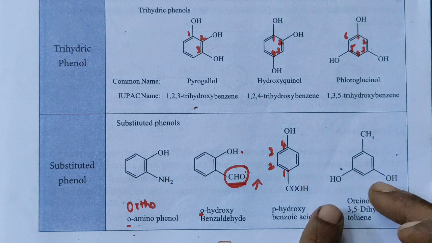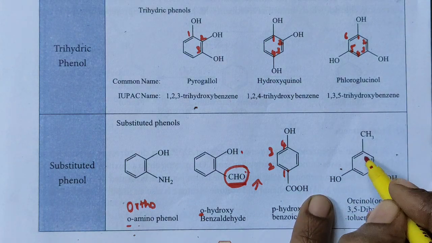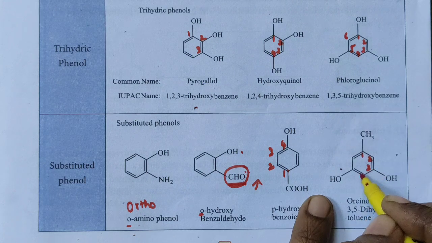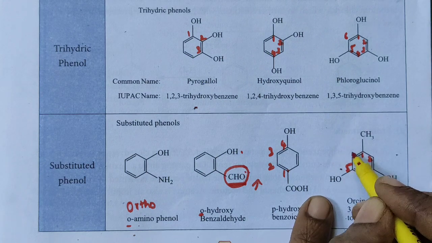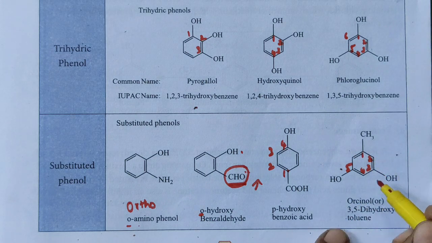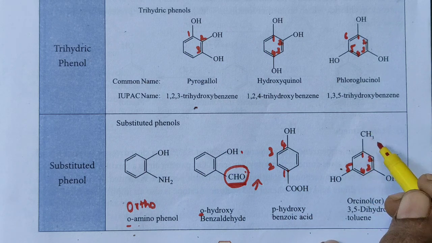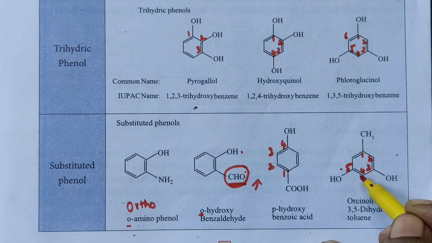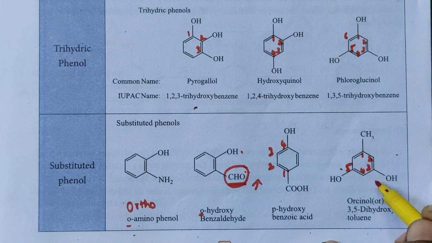So here OH groups are attached at 1, 2, 3, 4, 5, the third and fifth carbon. Therefore toluene, isn't it? With OH groups present at the third and fifth positions, that is 3,5-dihydroxytoluene.